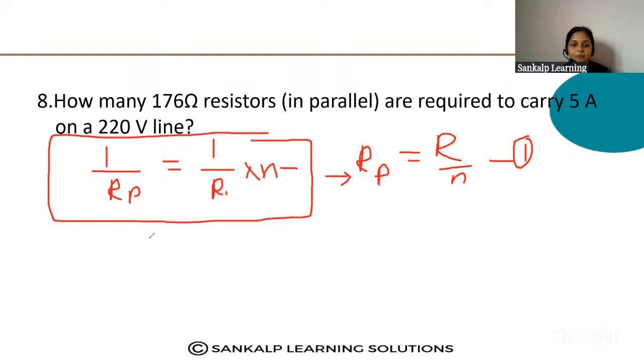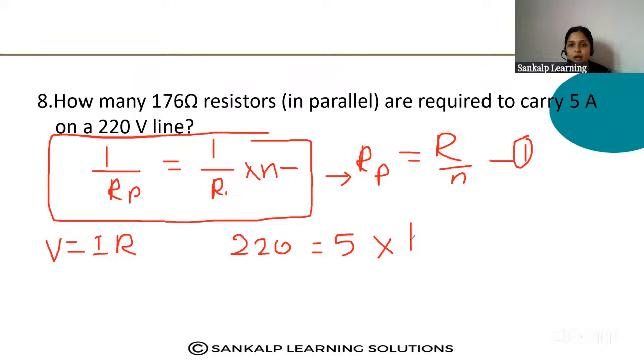Then you know the formula V is equal to IR. Then I will apply V is equal to 220 volt, current is given as 5. And what is the value of R? Here R means Rp, the total resistance.